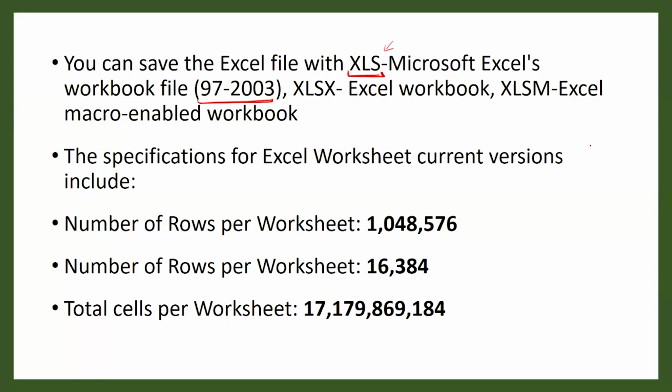Let's say if I want to save a file with my name, Puneet, then the file name will be puneet.xls. Okay, remember that the file name will be XLS if I'm using the version from 97 to 2003.